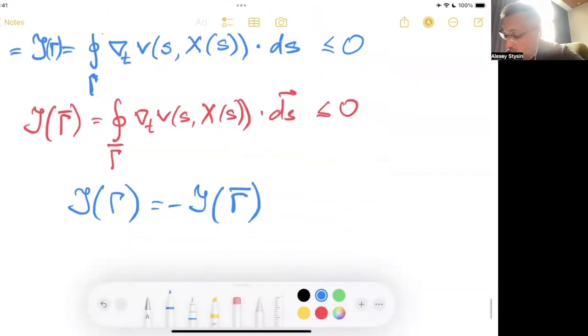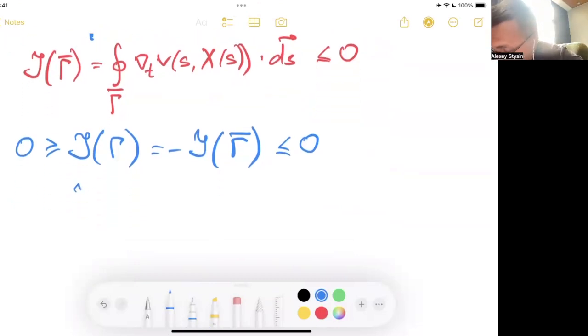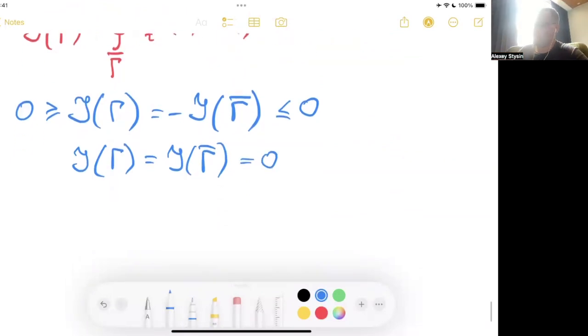And we have that this thing is less than or equal to 0, and this thing is also less than or equal to 0. The reasonable conclusion here is that the integral does not really depend on the direction, and it is equal to 0, so equal to j of integrating in the opposite direction, and it is equal to 0.